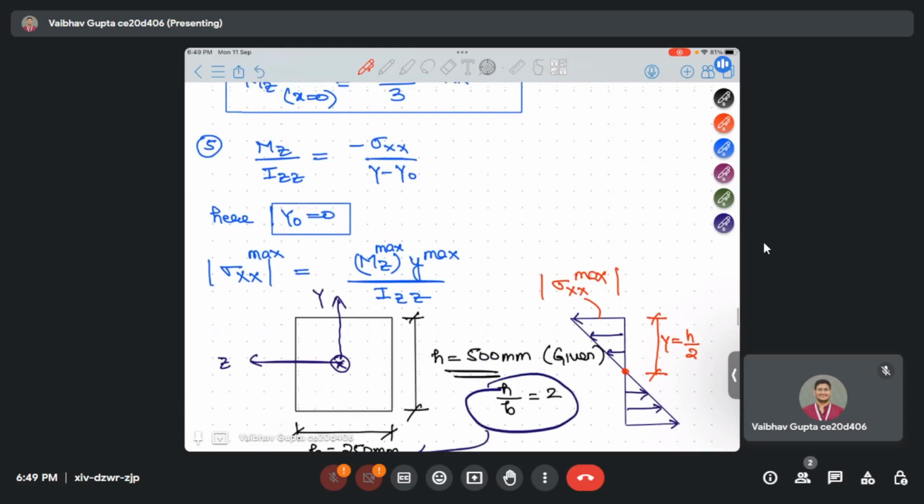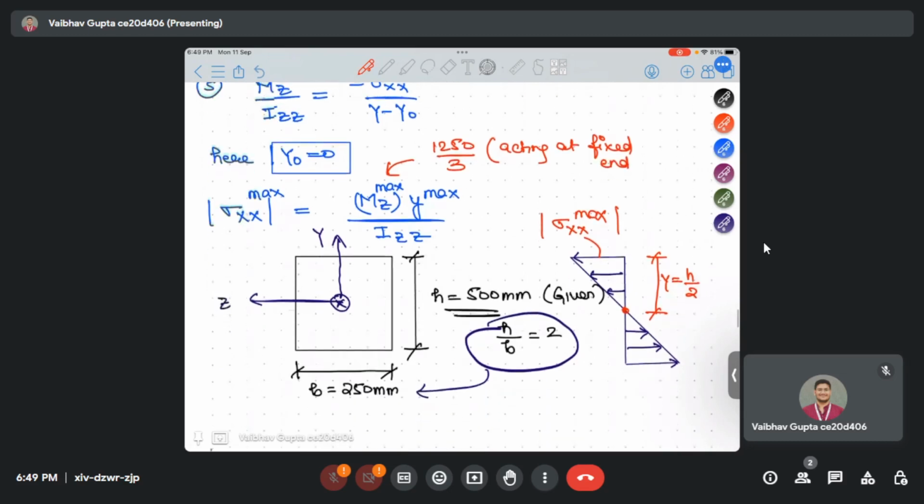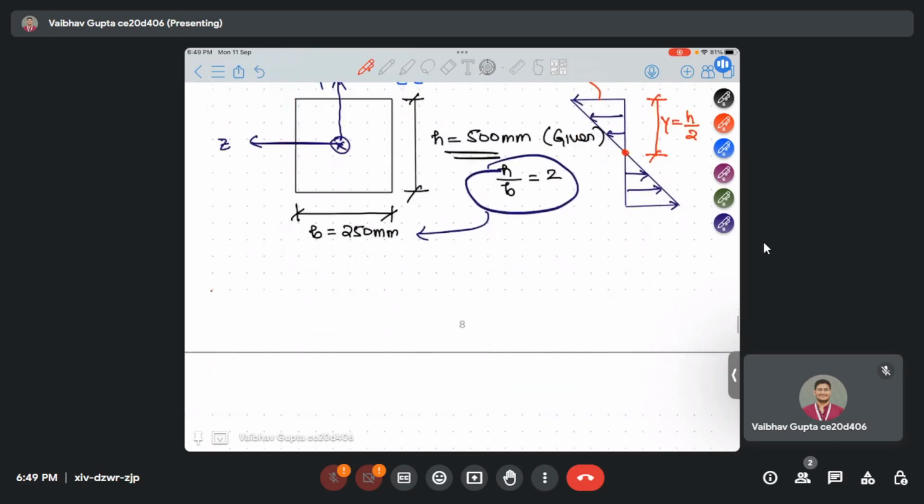And in the previous part we saw what Mz max is. It is nothing but 1250 by 3, acting at the fixed end. We just saw it in the last part while solving the problem. So after putting all the values, sigma xx max will be equal to 1250 by 3 into y max. y max is nothing but h by 2, h is given as 500 mm by 2.